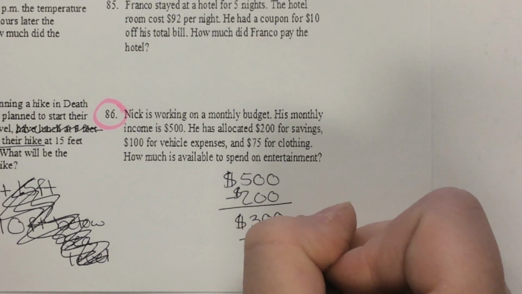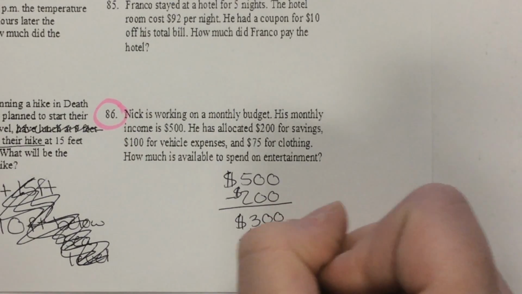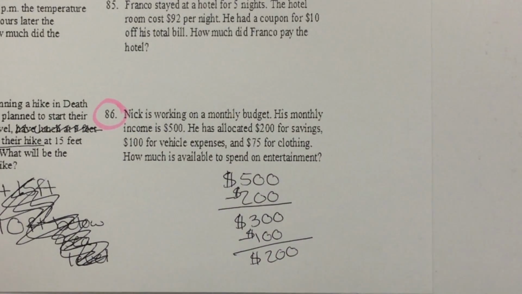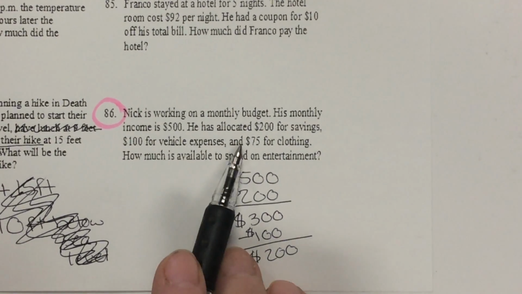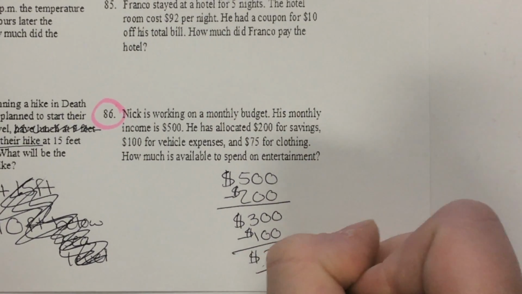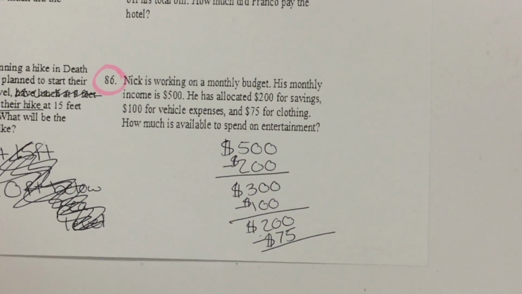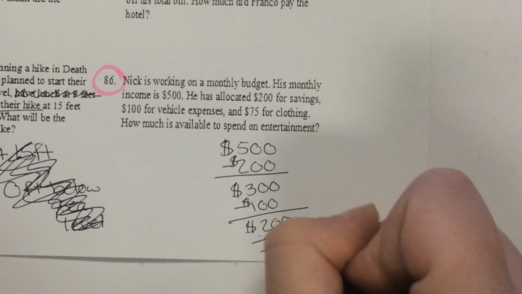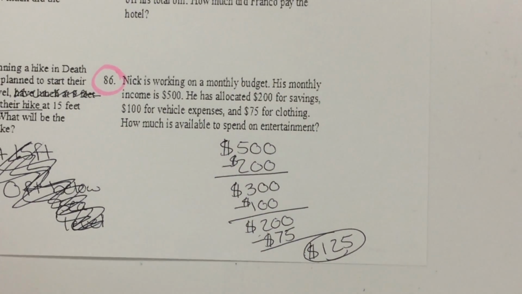So he puts aside $100 for his car, maybe to put gas in his car, to get an oil change, which once again is something you're going to have to do as adults. No matter what profession you're in, life's daily tasks never change. So oil changes, bills, all these things apply to you. Let's keep going. And $75 for clothing. So minus another $75 because he needs to get some clothes. Okay, so now we are left with $125 for entertainment. You can do a lot with that.